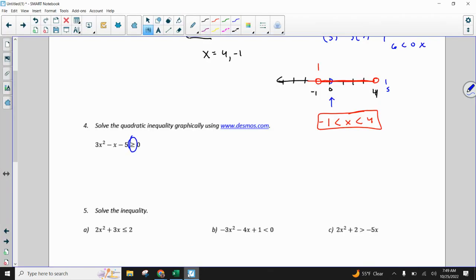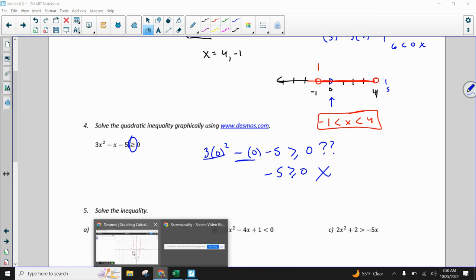If we go 3 times 0 squared minus 0 minus 5, is that going to be greater than or equal to 0? That's the question, right? That goes to 0, that goes to 0, and we end up at this. Is that? Of course not.